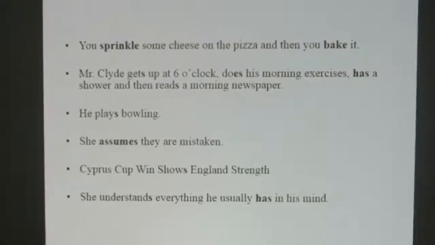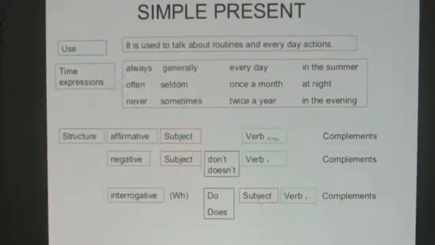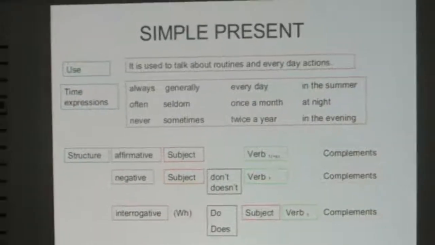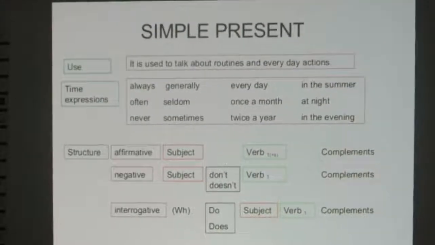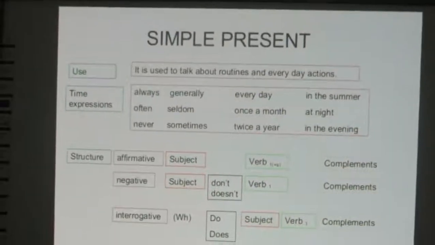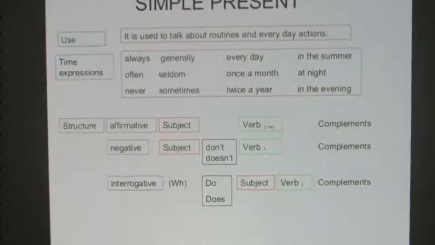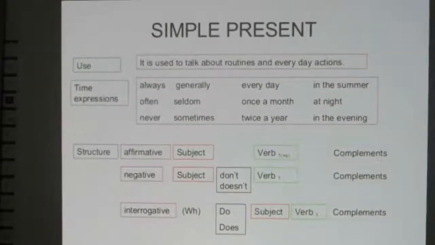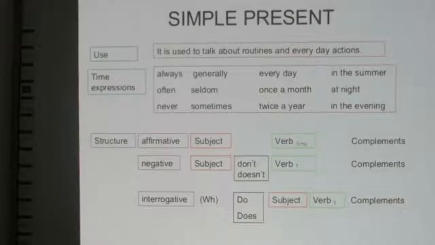So we also have some words that show us that for sure we are going to use present simple, that this action is repeated, that this action is daily or like a routine or a habit.